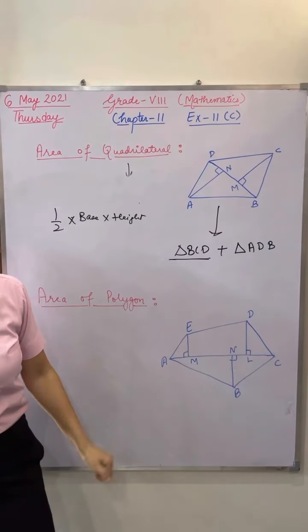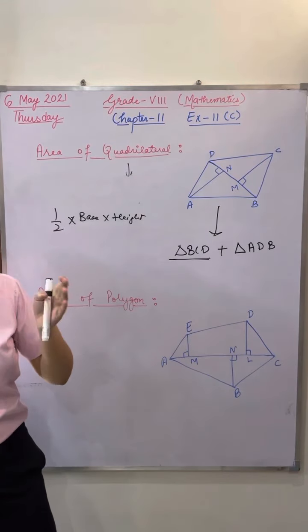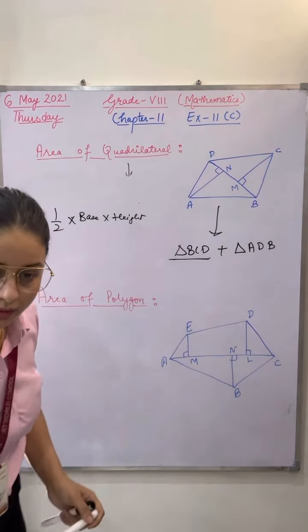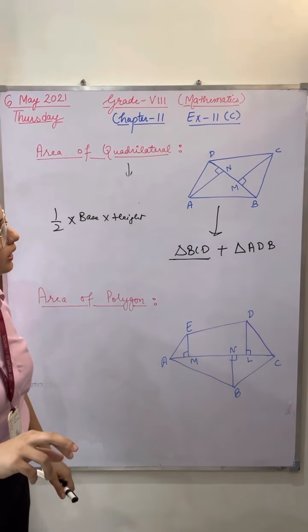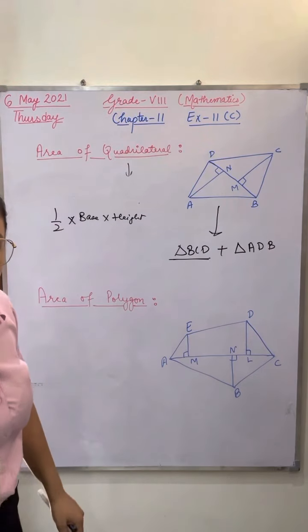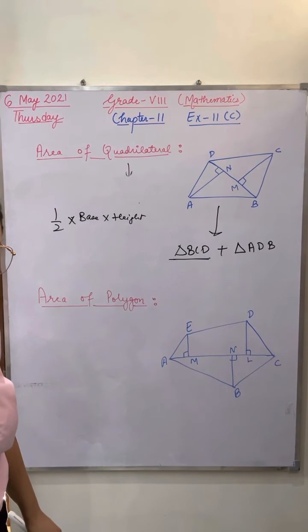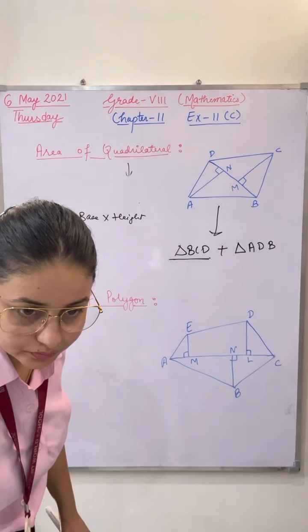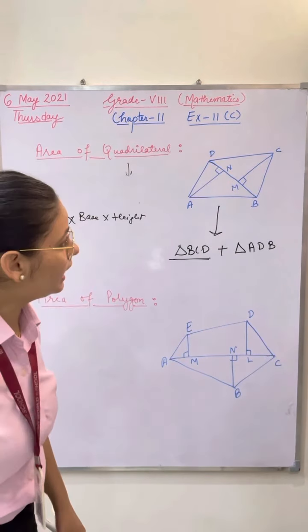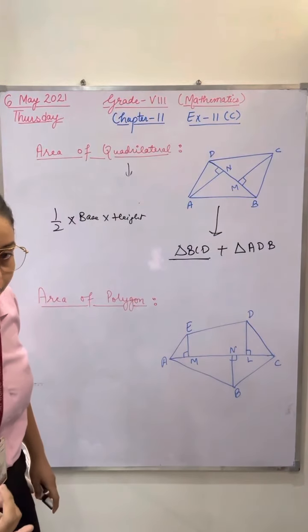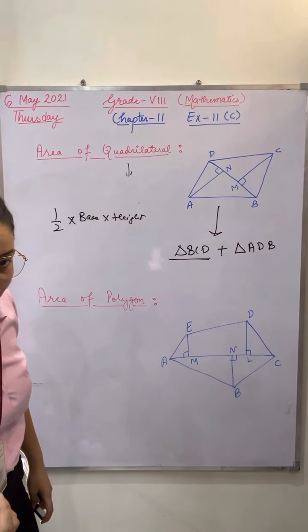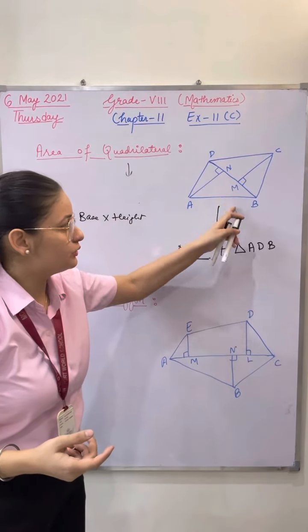We'll discuss some kinds of questions in the class. Avika, it can be a trapezium if the parallel sides are given to you.